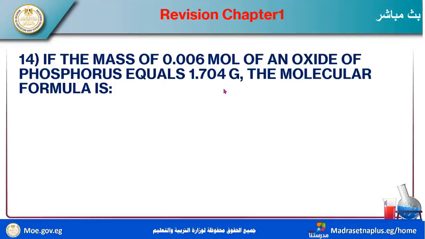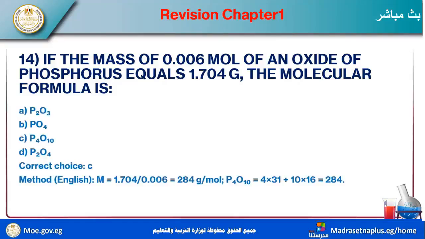You can write the molecular formula, and you must know the number of moles of P in this oxide by dividing this number by the number of moles. Now we must know the molar mass. We have P4O10, which is 284. So the answer is C, P4O10.